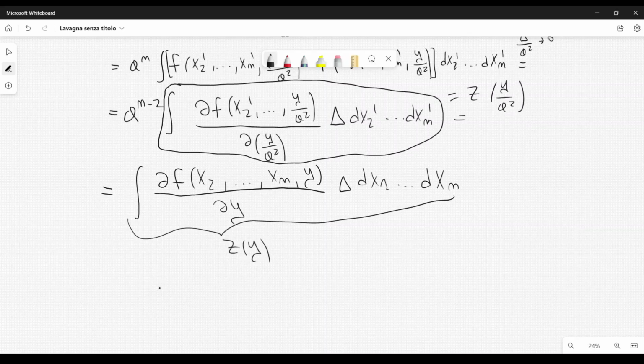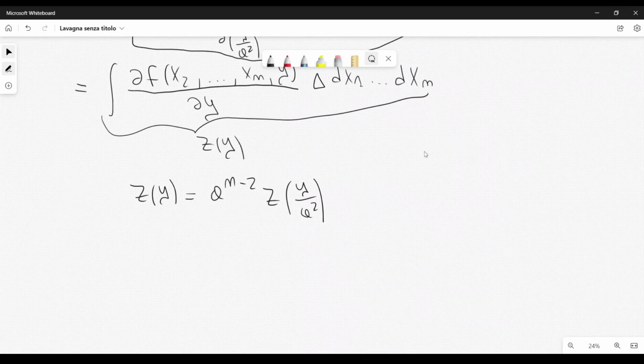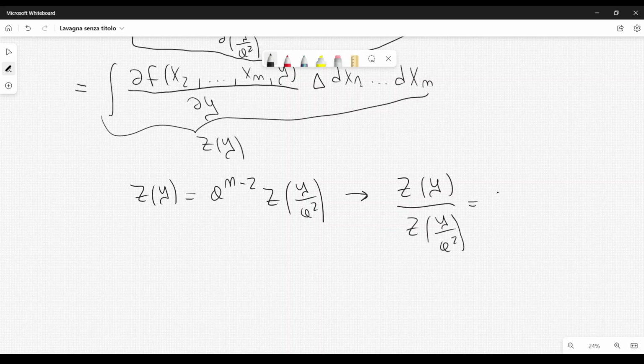So we have shown that z of y is equal to a to the n minus 2 z of y over a squared. And this basically means that z of y divided by z of y over a squared is equal to a to the n minus 2. And if n is greater than 2, this is greater than 1.